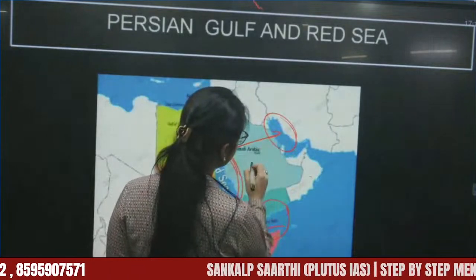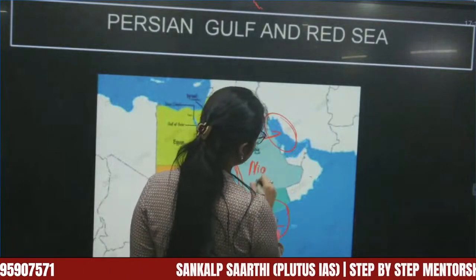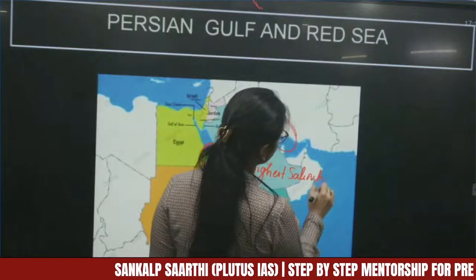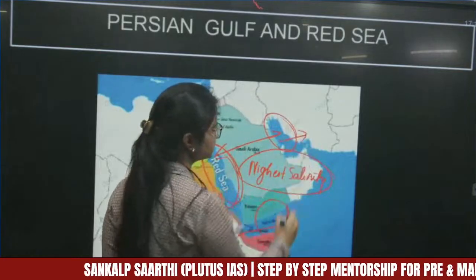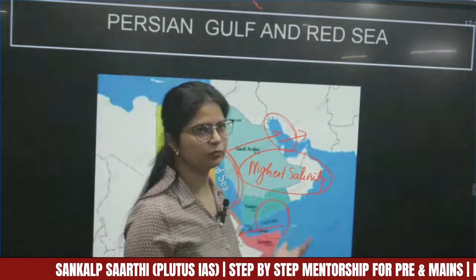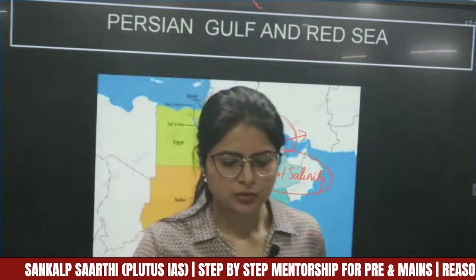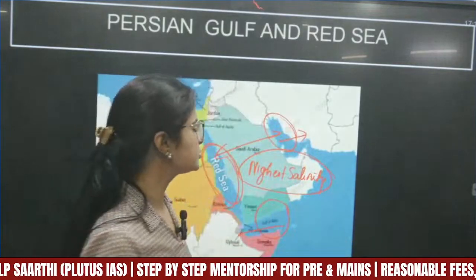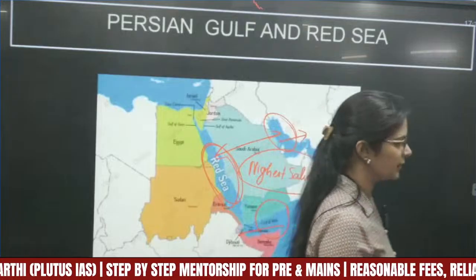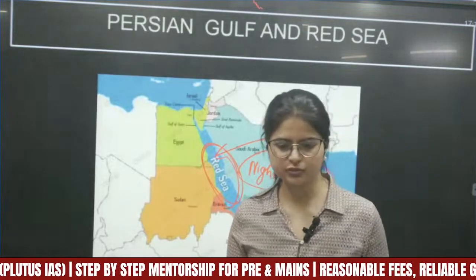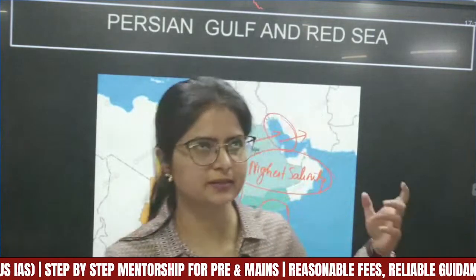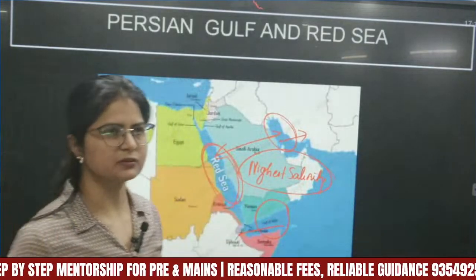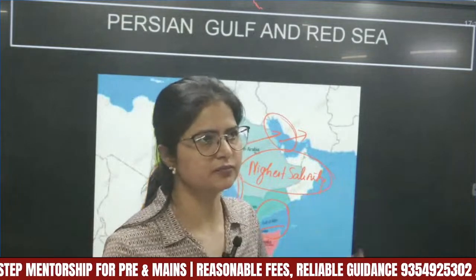Although they are having the highest salinity, between them also, which is higher than the other, we have to explain. So write down first regional variation in salinity. The first ocean we are going to take is the Atlantic. First we'll take Atlantic, Pacific, Indian, and then we'll take the water bodies, this Persian Gulf or Red Sea.